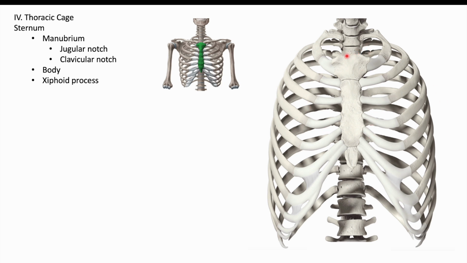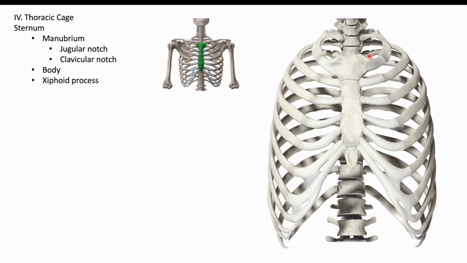Now, on the side of the jugular notch, you also have the clavicular notch. So the clavicular notch is going to be right here. So the jugular notch is right here. There's only one, but there are two clavicular notches. There's one here, and then there's another one here.